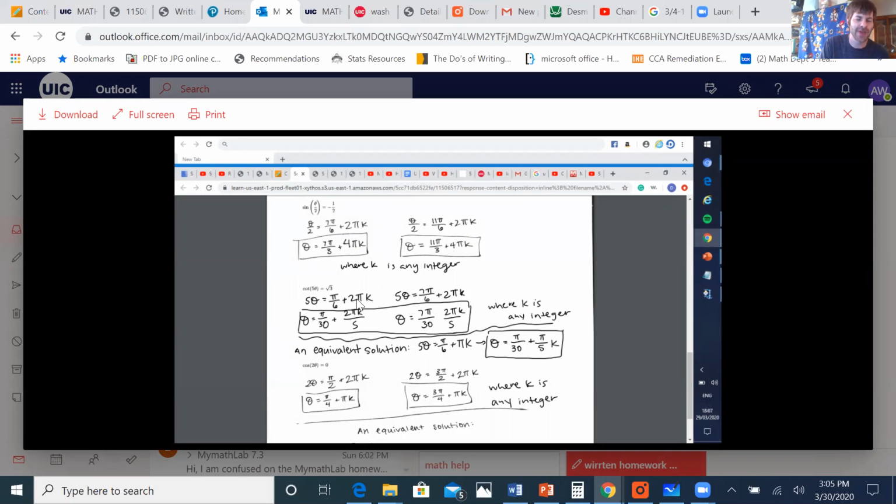They shouldn't have. You should have added k pi, not 2k pi on the cotangent one. But on the cosine, you would add 2k pi. You see, pi over 2 plus 2k pi, 3 pi over 2 plus 2k pi. Same way on the sine, but you don't have to do that on tangent or cotangent because of the period.